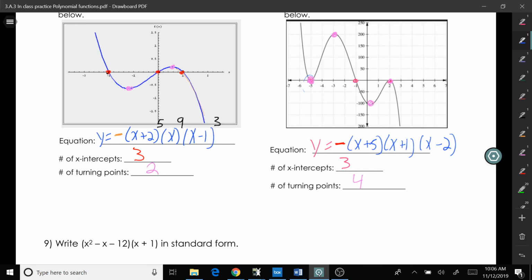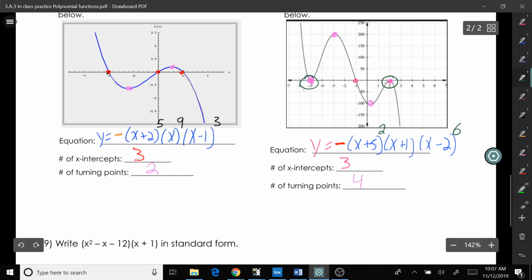Now we have to deal with our graph bouncing here and there. So at these two zeros, the exponent for those zeros must be even. We can make this a 2 and this a 6, or any even numbers, because our graph bounces here.